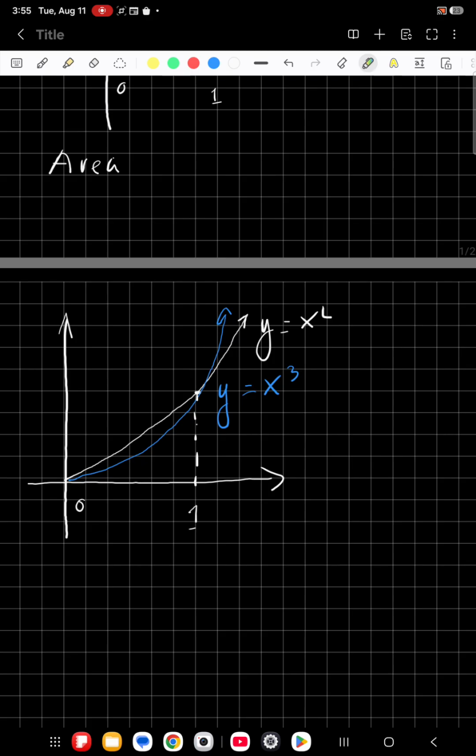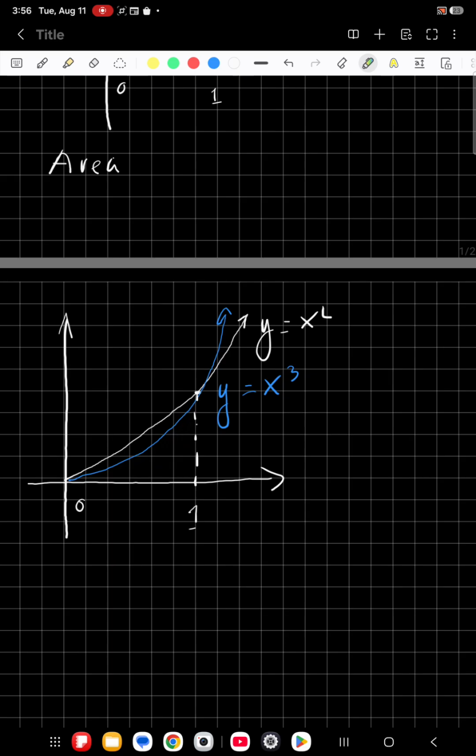Conceptually, it's pretty easy. We calculate the area below the white curve and then subtract the area below the blue curve. The difference will be this area: the bigger area minus the smaller area.